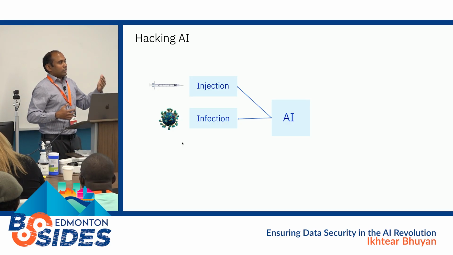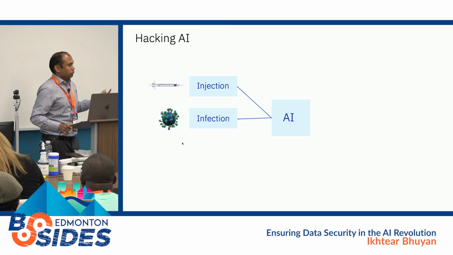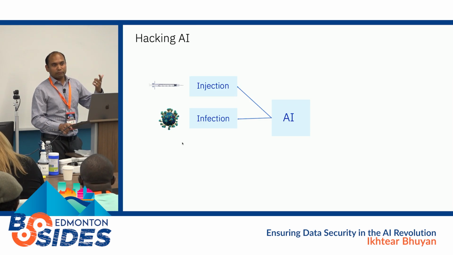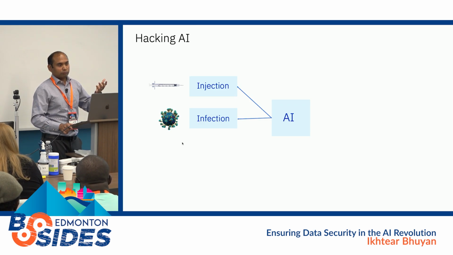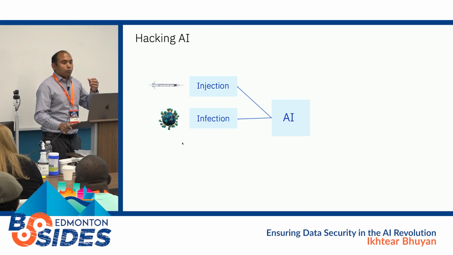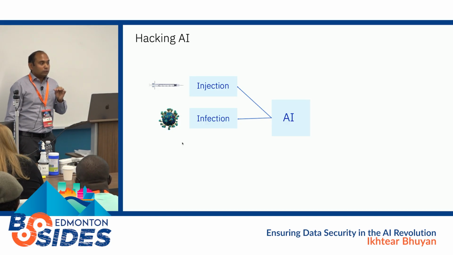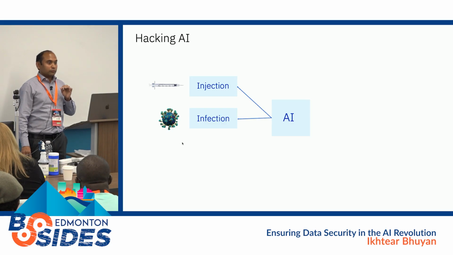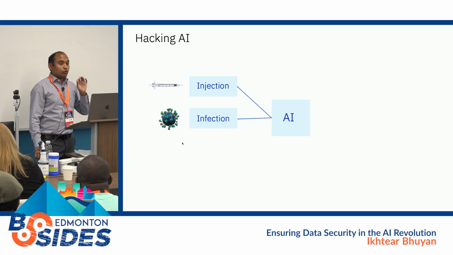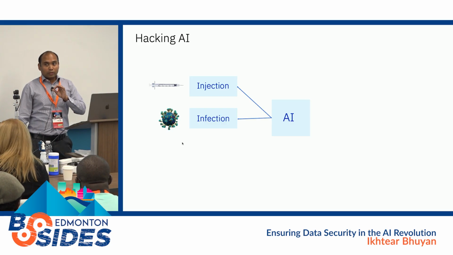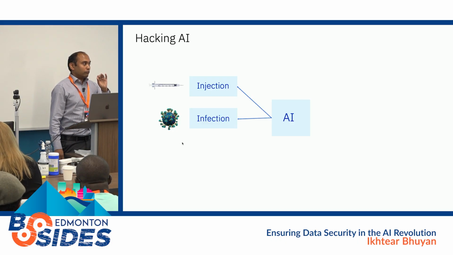How many models are there in Hugging Face? Any guess? 1,000, 100,000? More than 1 million models in Hugging Face. And of those 1 million models, most of them have billions of parameters.